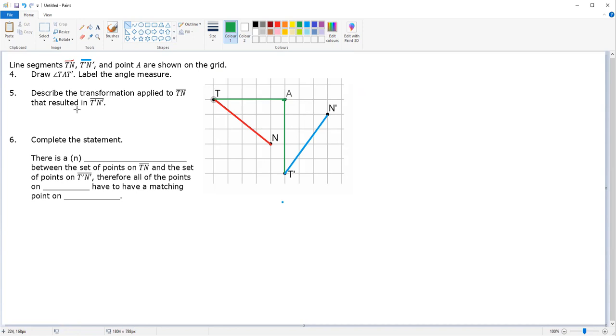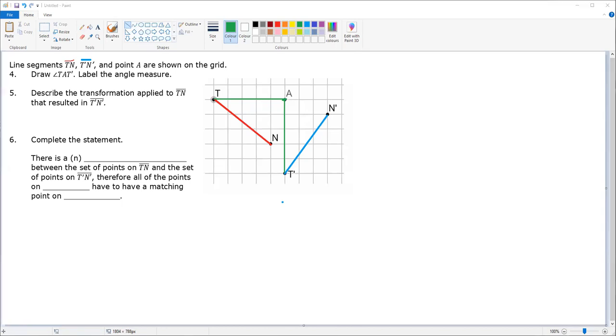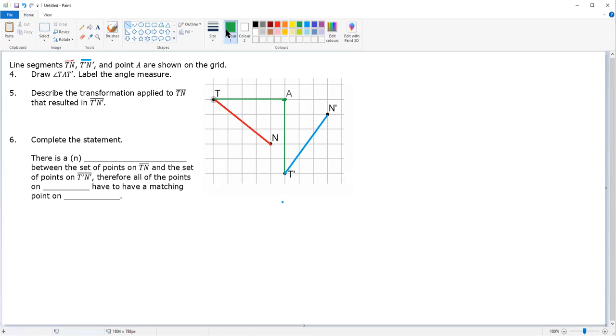Describe the transformation that was applied to make T prime. Yeah, it seems to be a 90-degree rotation, I bet. First, label the angle measure. Oh yeah, I must have skipped one there.